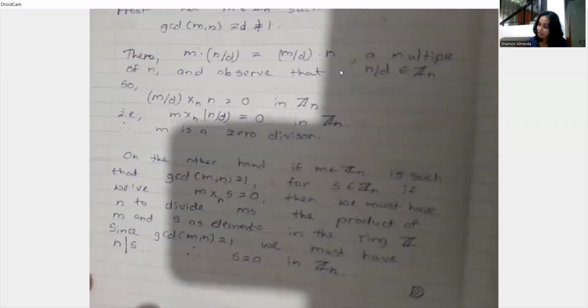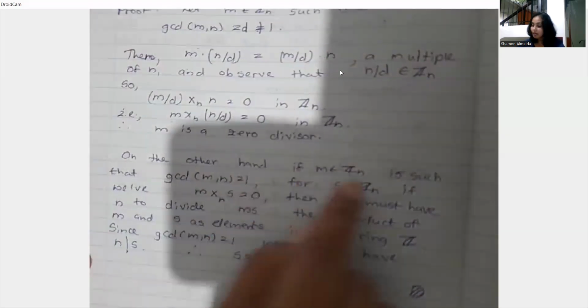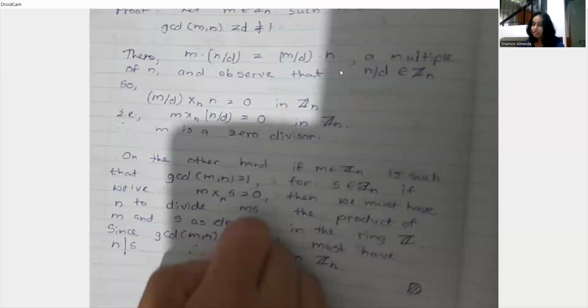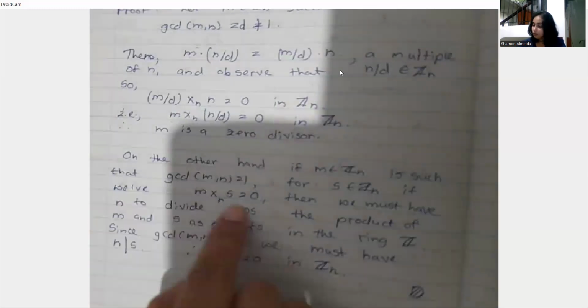On the other hand, if M in Zn is such that this is relatively prime to N, for some S in N, we must have M times S, where times means multiplication modulo N, equal to 0.